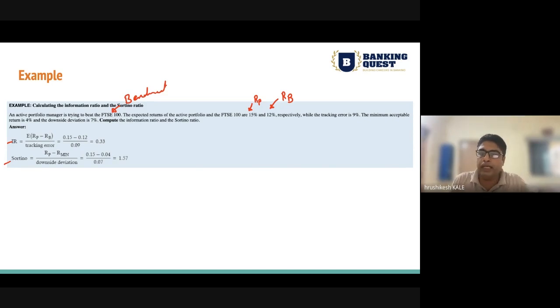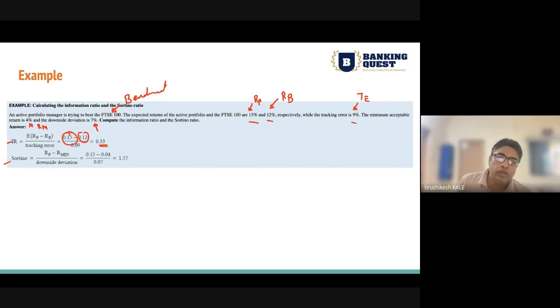Tracking error is directly given as 9%. The minimum expected return R mean is given as 4%, and downside deviation is given. Everything is given. So put 15% minus 12% upon tracking error of 9%, and you get 0.33 as information ratio.